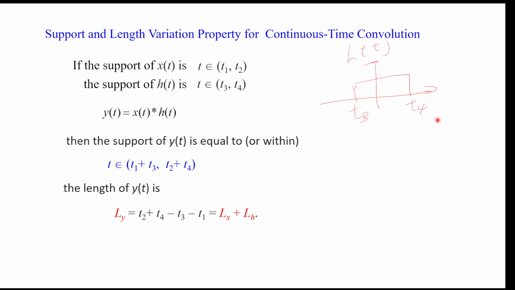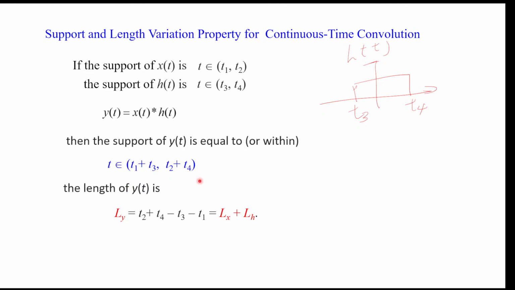Say you are doing some experiment for the class, and you can similarly define the support of your h of t if it's finite. Say your response is some nice response that has some finite time period, t3 to t4. Then you can easily calculate that your output is x convolved with h. Then you see that outside of this range, y of t will be 0.